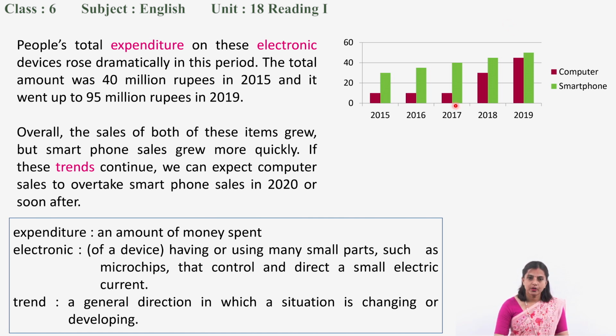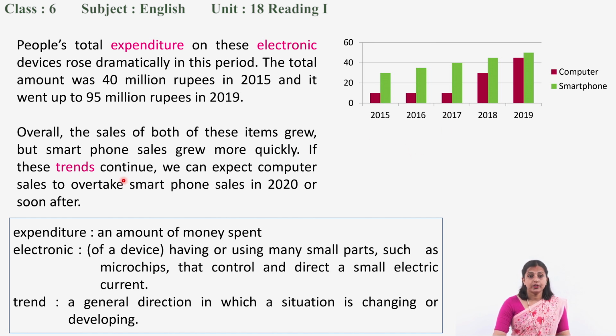It went on increasing, a regular increment was there, whereas computers increased after 3 years. So overall there was an increment in both, but smartphones were at a higher level in terms of expenditure.